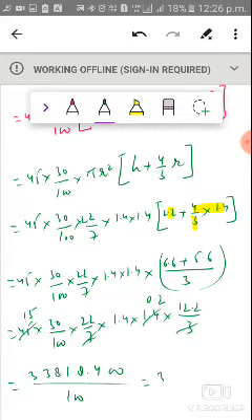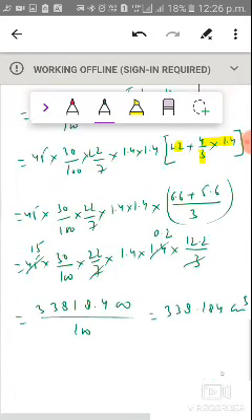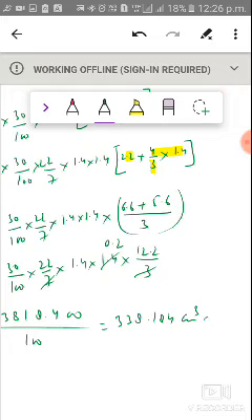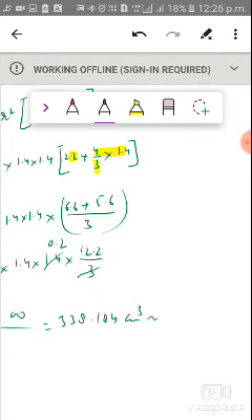That will be equal to 338.184 centimeter cube. Approximately, we need to find the answer, so that is 338 centimeter cube.